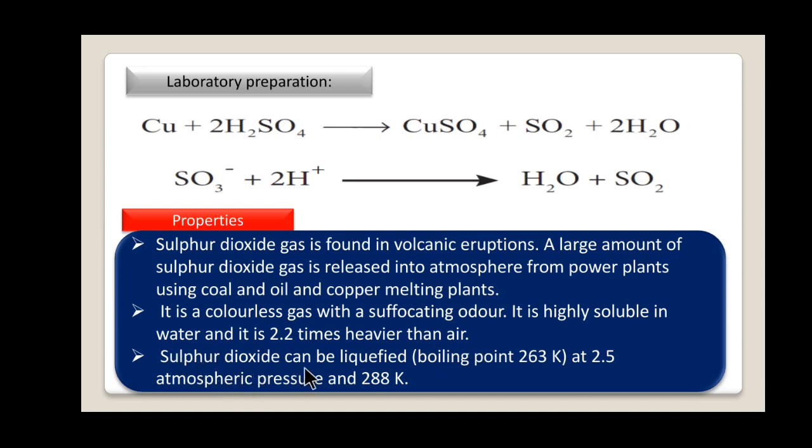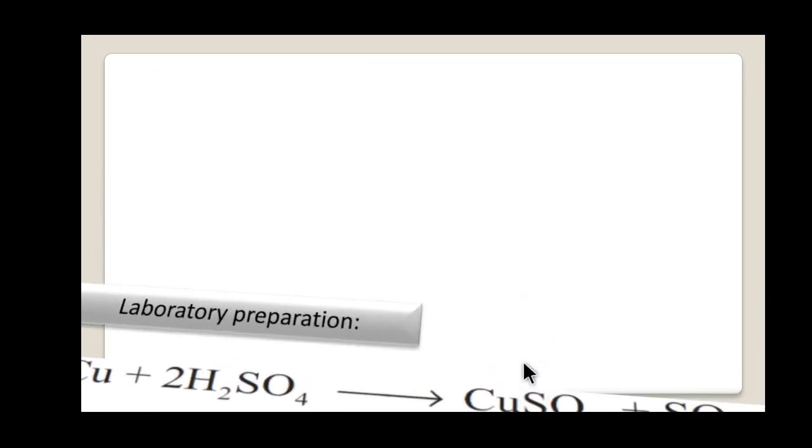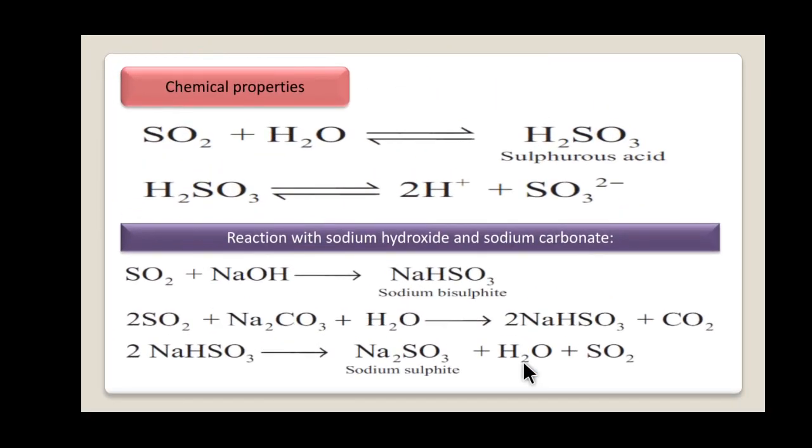Sulfur dioxide can be liquefied at 2.5 atmospheric pressure and 288 Kelvin, and its boiling point is 263 Kelvin. Next, the chemical properties of sulfur dioxide. Sulfur dioxide is an acidic oxide.